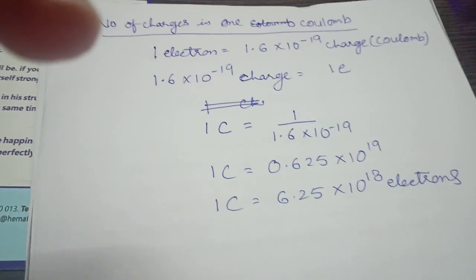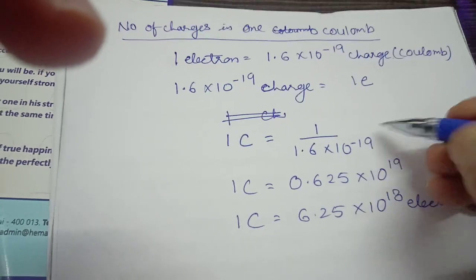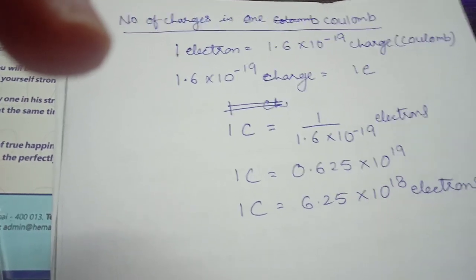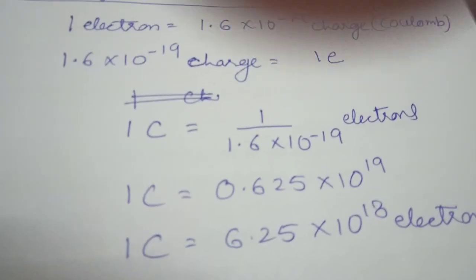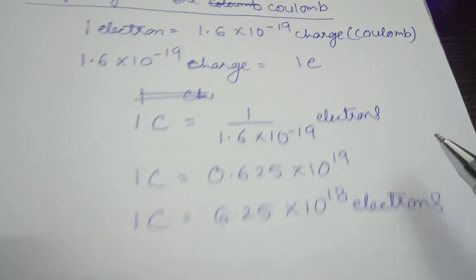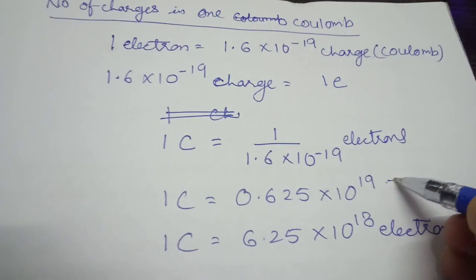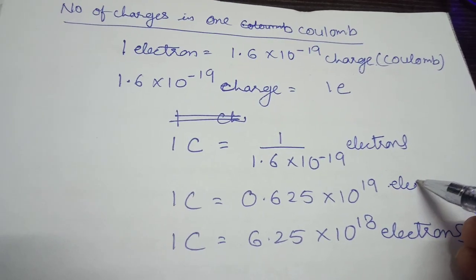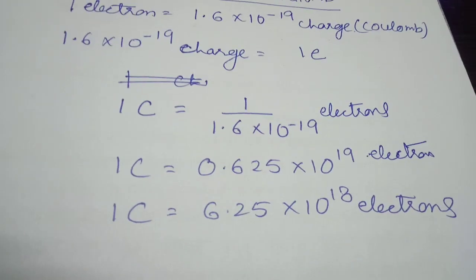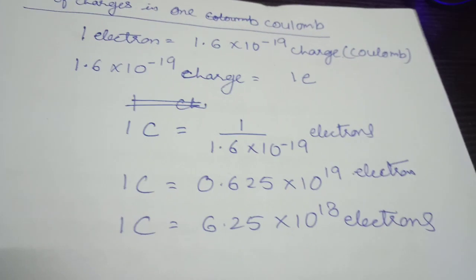So 1 coulomb of charge is equal to 6.25 into 10 raised to power 18 electrons.